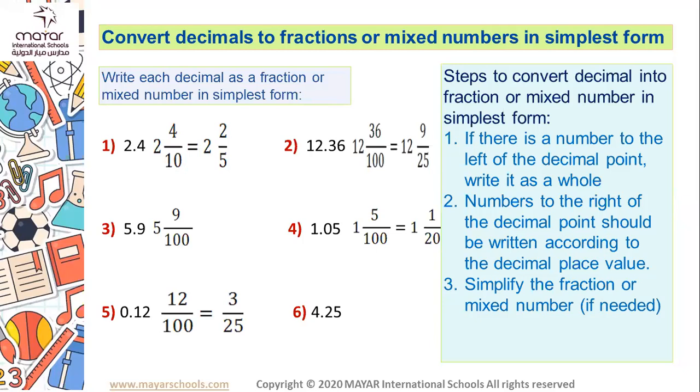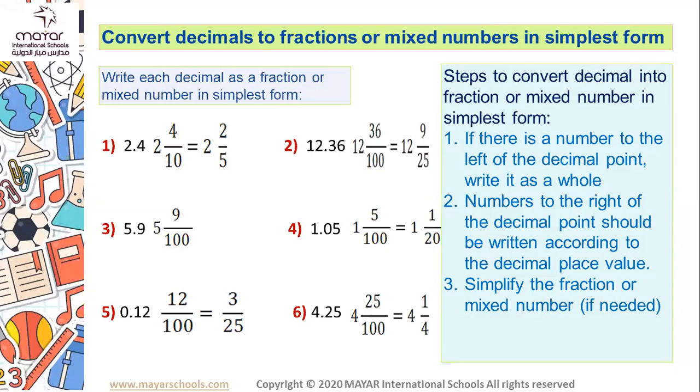Then Adnan, can you do number 6? I didn't really understand. Wait. Who didn't really understand? 25 divided by 5 equals 5, and 100 divided by 5 equals 20.